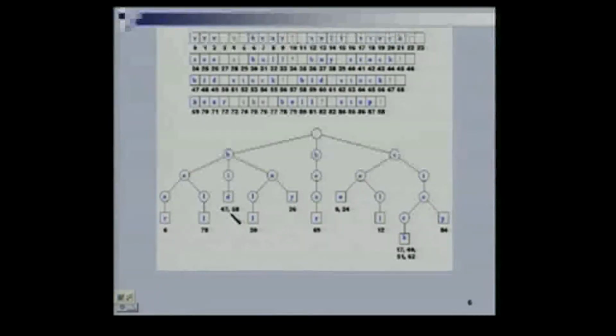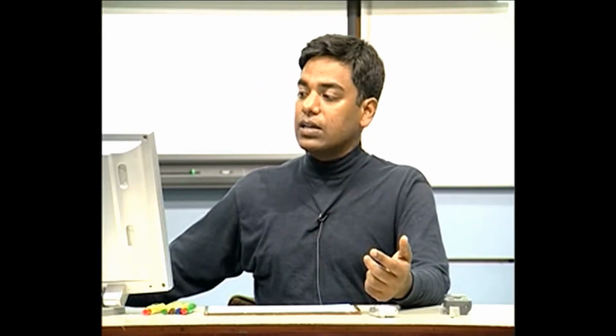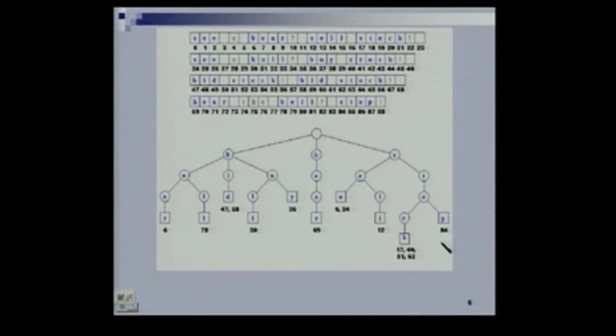This is what we call pre-processing the text. I took my initial text, built this trie on it, and stored this information with each of the leaves, so that if you come with queries, where does this particular word appear, I can quickly answer. How much time do I need? Very little, just proportional to the length of the word, and I'll be able to tell you all the places where this word is by looking at the numbers down here.